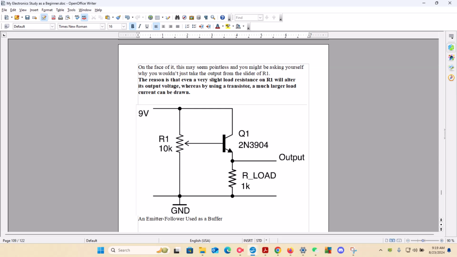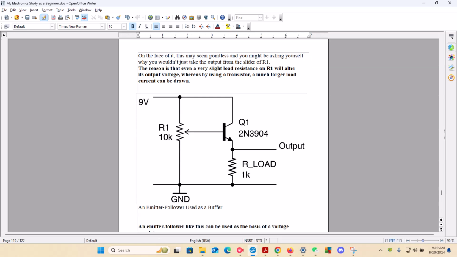So the reason is that even a slight load resistance on R1 will alter the output voltage. Why? Of course, because it's limiting the current flow going through the circuit. Whereas by using a transistor, a much larger load current can be drawn.